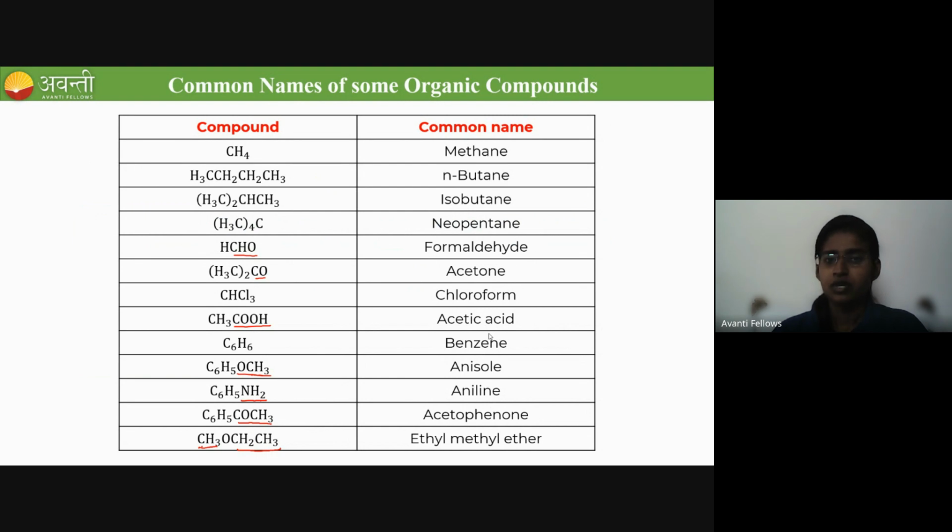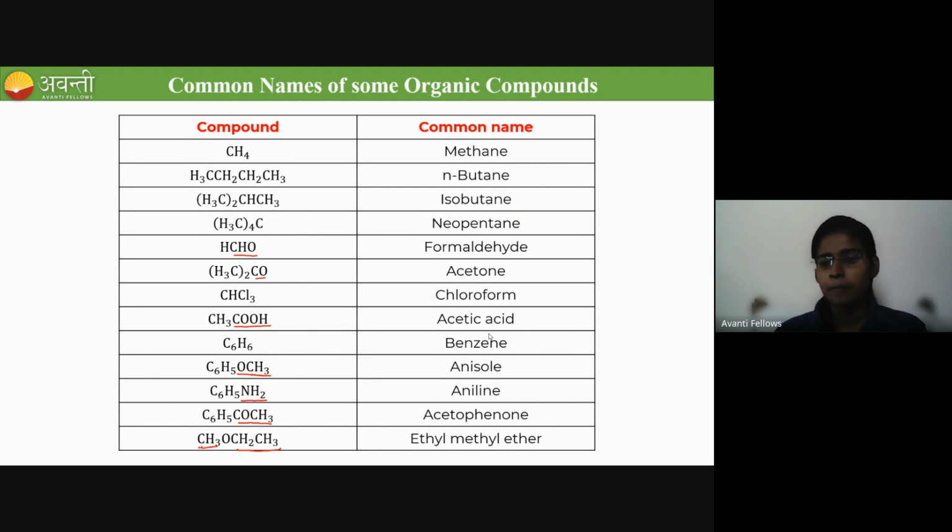So CH4 is called as methane. And 4 carbon containing alkane is N-butane, isobutane, neopentane, CHO containing compound formaldehyde. CO means it is ketone, so it is called as acetone. CHCl3 is chloroform. COOH containing compound with 2 carbons, so it is acetic acid. Acetic acid is present in vinegar, right?